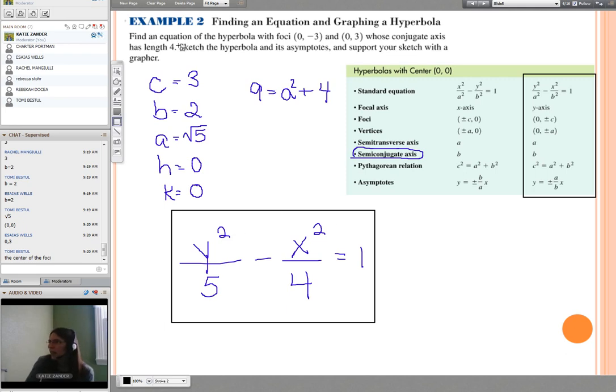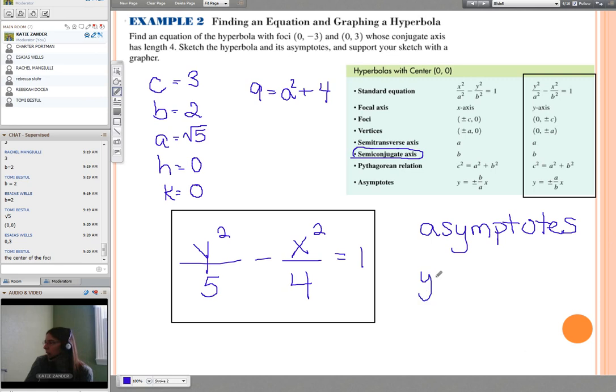Now, it did say to find the equation and then sketch it. It also said to sketch its asymptotes, so let's find those real quick. If you were to look at the graph or sketch one on your own, you could draw those invisible lines in so you know where your hyperbola is approaching but not crossing over.